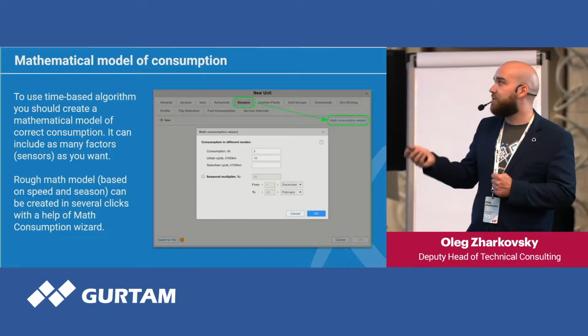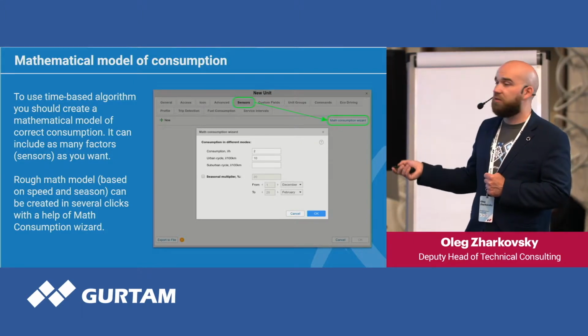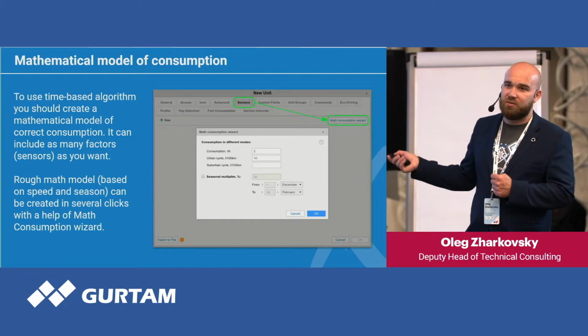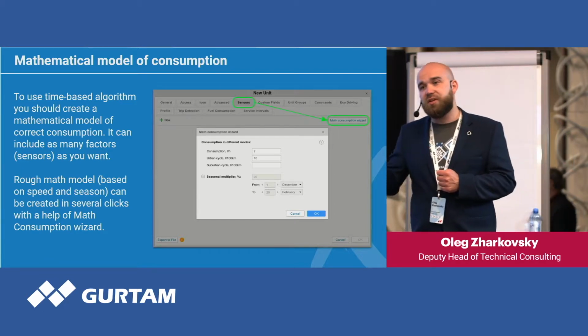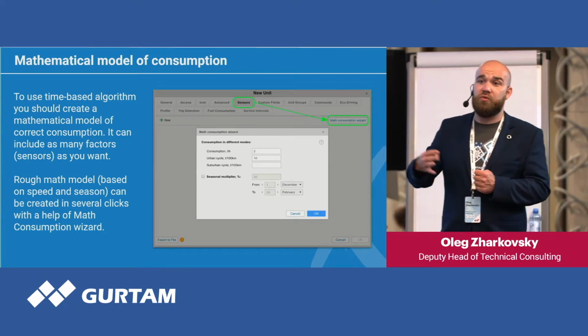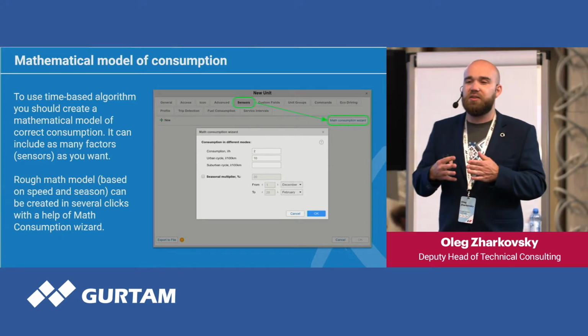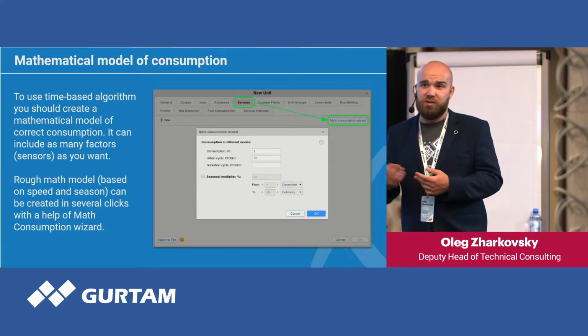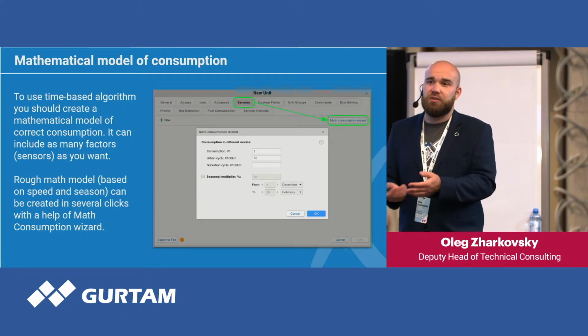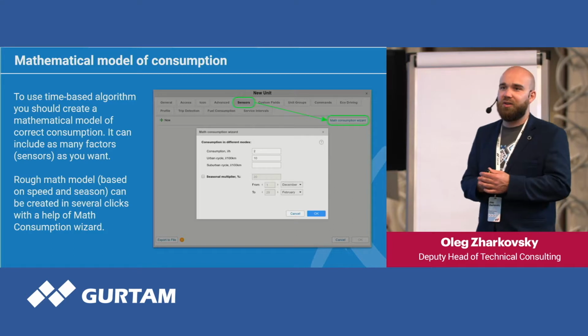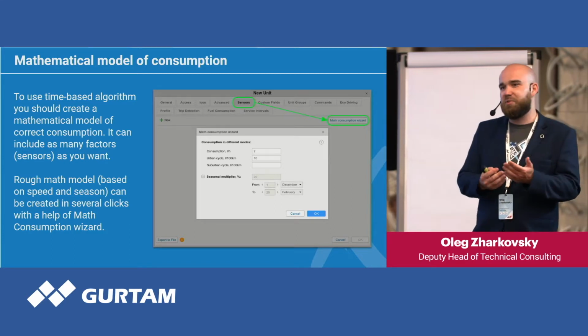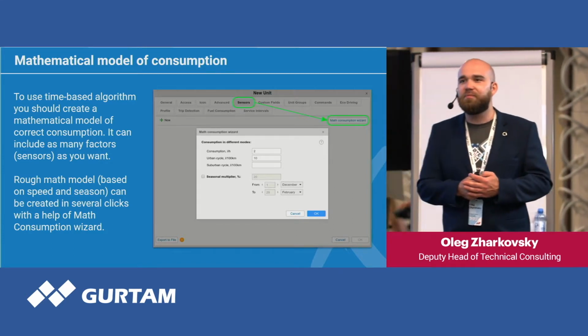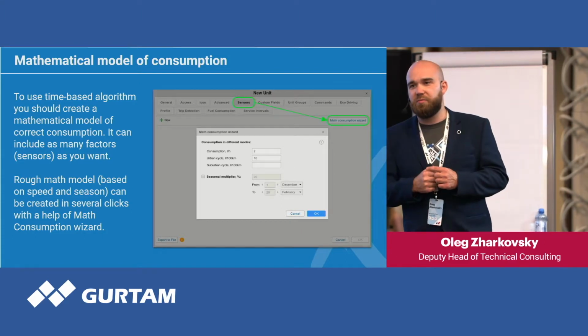The first one is consumed by mass. This stands for the mass. And the second one on the advanced tab is consumed by rates. So you can set up both of them and you can compare them and choose the one that is closer to the real consumption. Just combine it, test it, something like that. Yes, it's 2 different algorithms.